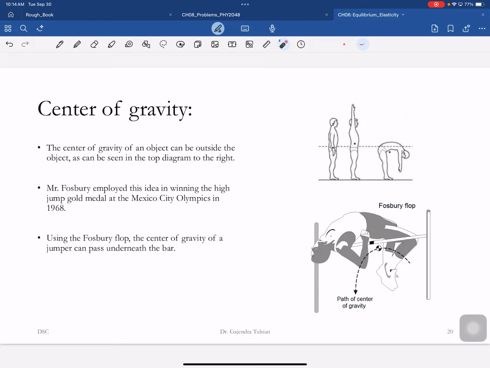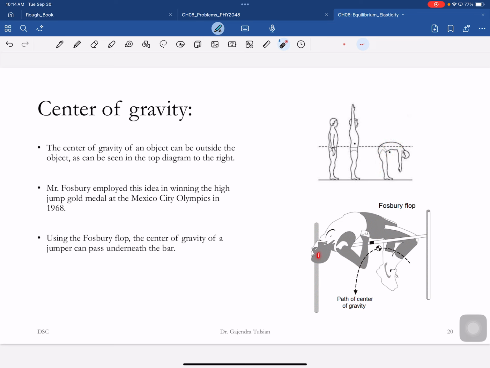Look at this. When you're bent over, the center of mass is outside your body. This is important. The center of mass need not be within your body. It can be outside your body. And that's what this idea is.